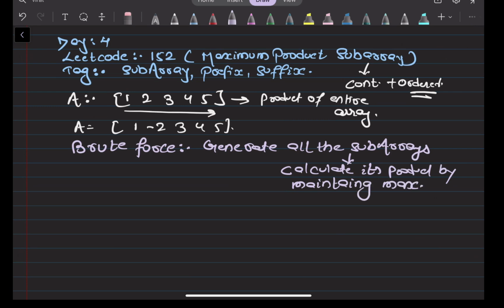We can do this. How to generate all the subarrays? Suppose I take the numbers 1, 2, 3, then its subarrays will be 1, 2, 3, 1 2, 2 3, 1 2 3.